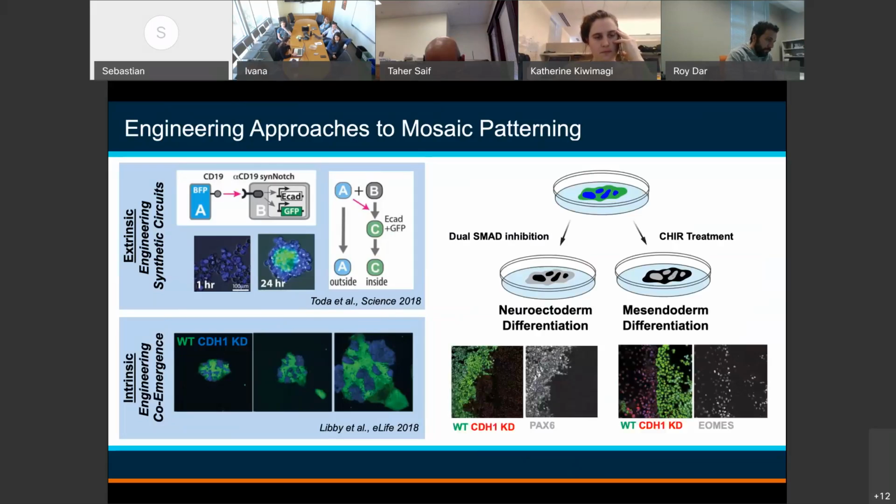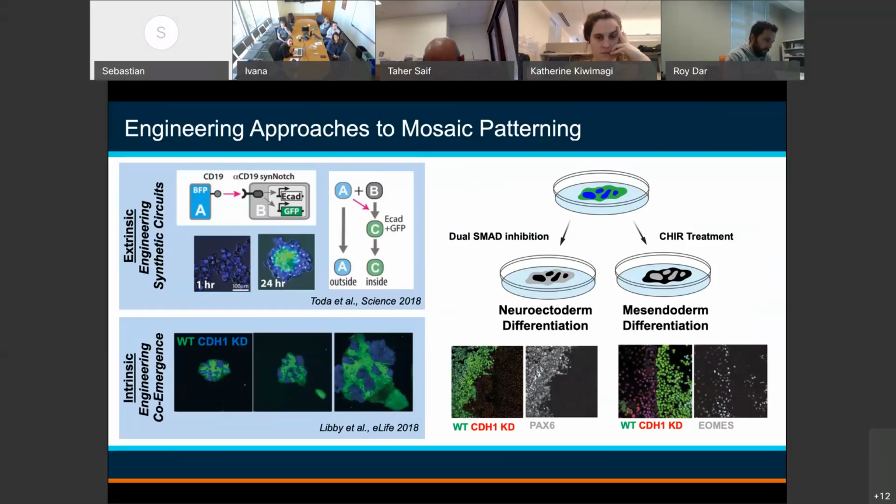What's very interesting to me about this is that if you take these patterned colonies and you expose them to different differentiation treatments, for example, dual SMAD inhibition for neuroectoderm or CHIR treatment for mesendoderm, the cells themselves are biased from being in a pattern.